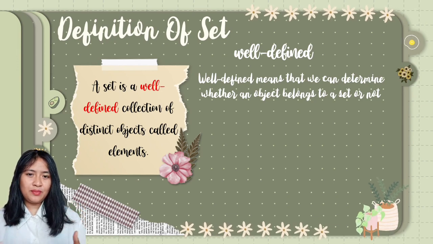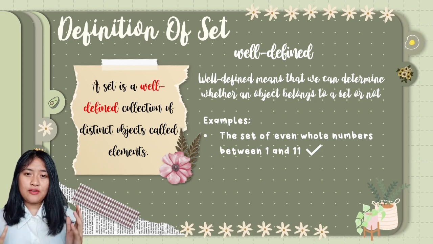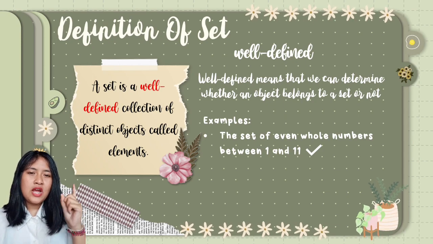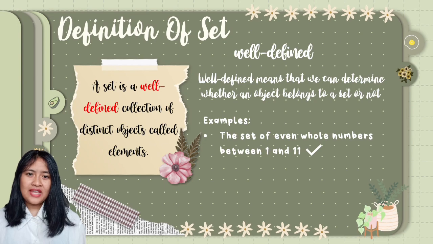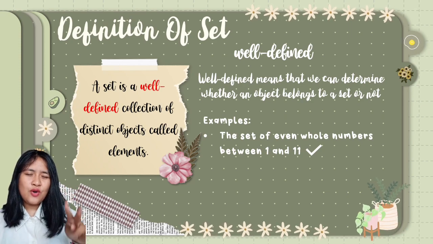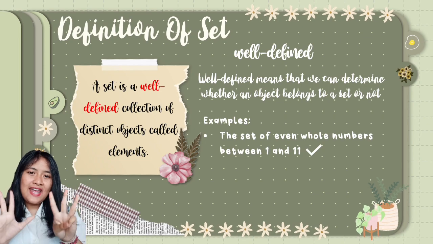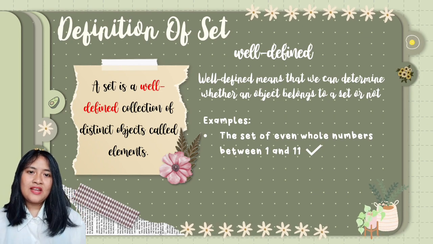For example, a group identified as the set of even whole numbers between 1 and 11 is well-defined because it is possible to find the exact members of the set, like 2, 4, 6, 8, and 10. There is only one possible solution set that fits this description.